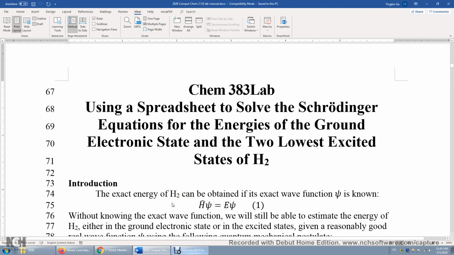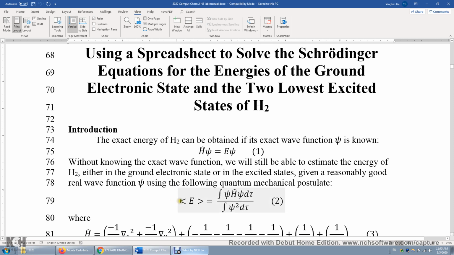But still, we can use quantum mechanical postulate 4 to compute the expectation value of the H2 molecule given its wave function. So in this lab, we will take a guess of the wave function for the ground state and then for the first 2 lowest excited states.